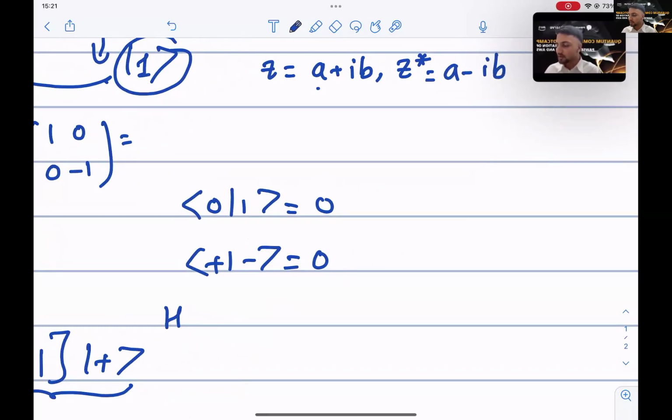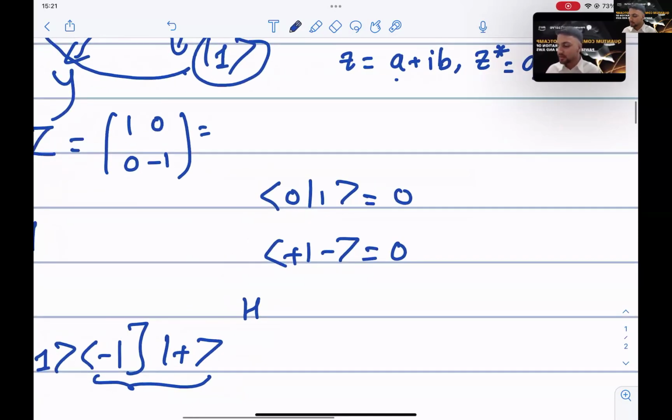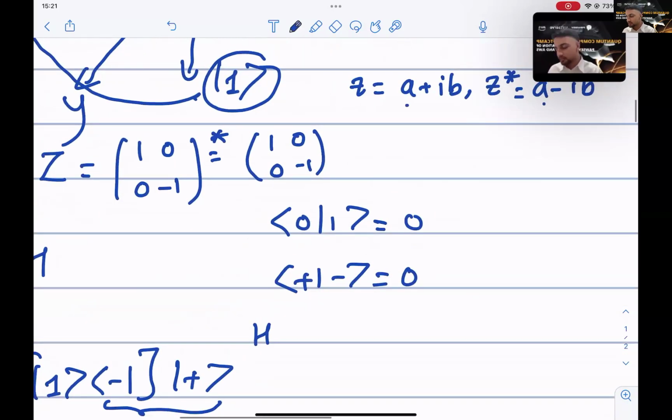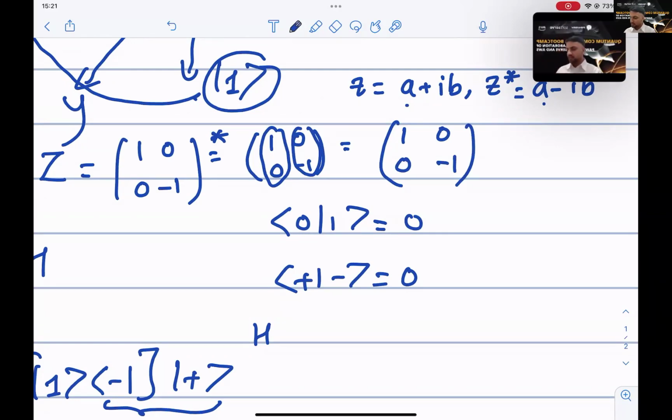If it's a real number, it's just the same thing. So if you take a star of this, it's itself, right? Because all numbers are real. So the complex conjugate of the real number is real. But if you also transpose it, which means I take the column and write it as row, it's itself, right?